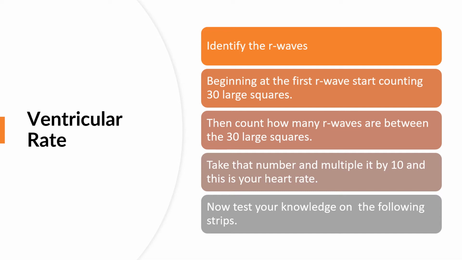Then count how many R waves are between the 30 large squares. 1, 2, 3, 4. Your normal heart rate is between 60 to 100. So when you're counting, you should not get more than 10 and you should not get less than 6. This number is then multiplied by 10 and this is your heart rate.